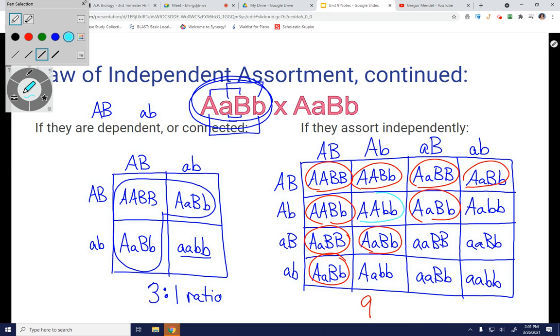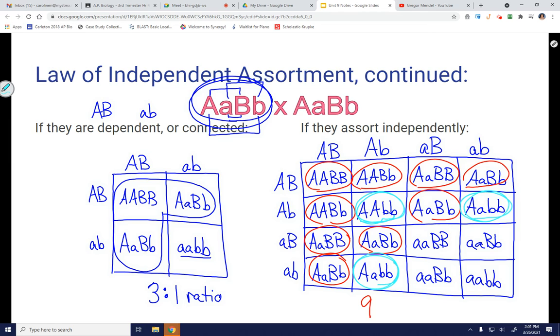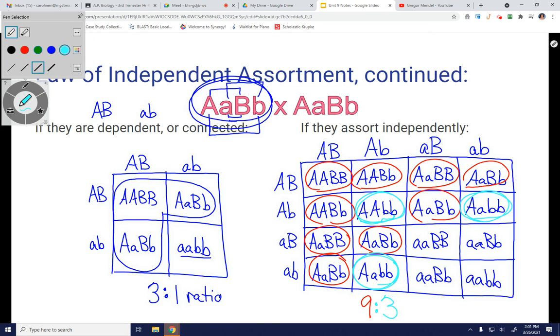We are going to have 3 that are dominant for the A trait, but recessive for the B trait. Those 3 right there. So if we're writing this as a ratio, so far we're 9-to-3. And then you have 3 that are kind of the opposite.